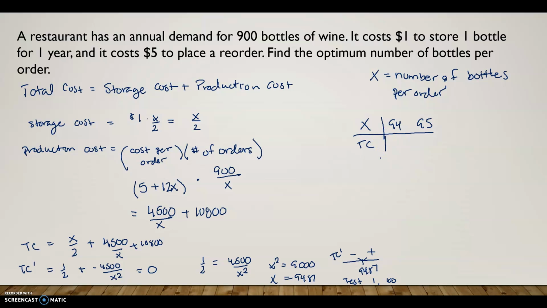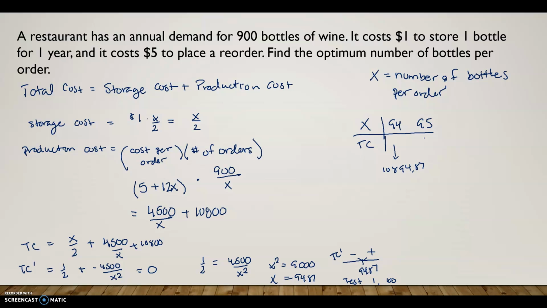So if I plug 94 in to my x over 2 plus 4,500 over x plus my constant, I get 10894, so 10,000. So I'm just going to write it down there, 10894.87. And that is in dollars.